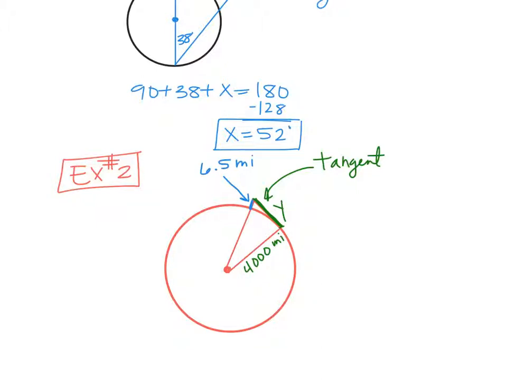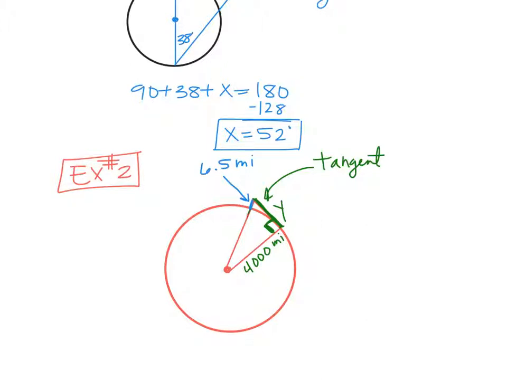What do you know? You know it's tangent. What does tangent make it? 90 degrees. So you know you have a right angle here. So we're dealing with a right triangle.